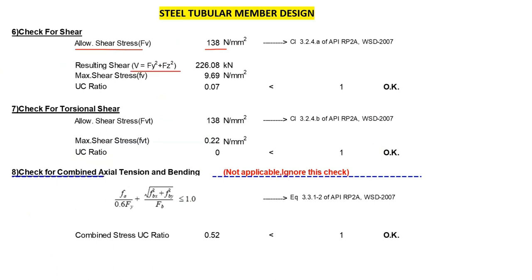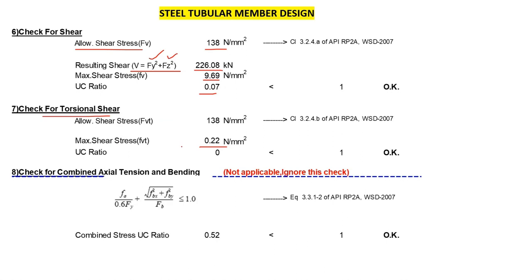And the resulting shear, this is Fy squared and Fz squared. This is the actual force. So the maximum shear stress, the combined resultant shear stress, is 9.69. So 9.69 divided by 138, we will get 0.07. And check for torsional shear.